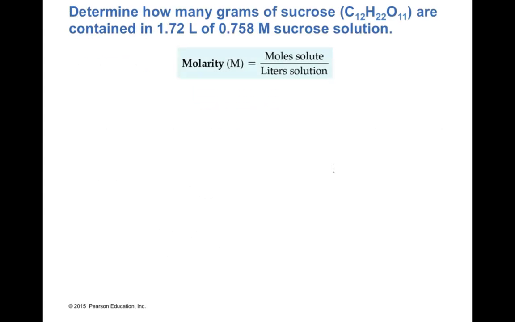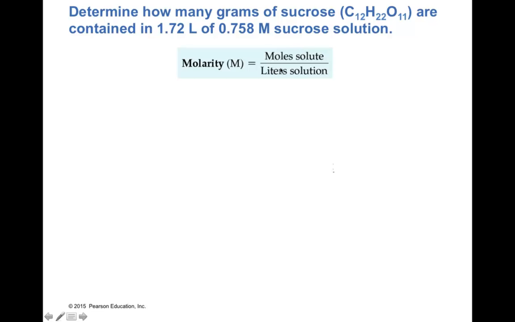Determine how many grams of sucrose are contained in 1.72 liters of 0.758 molarity of sucrose solution. So now you have molarity and now you have volume. So how can you determine the moles of the solid? By doing what? By multiplying the molarity times the liters, that will be equal to the moles of the solid.